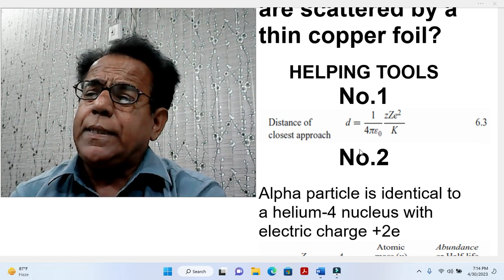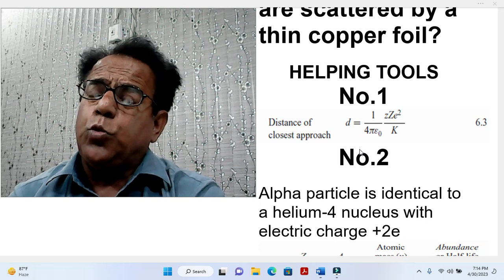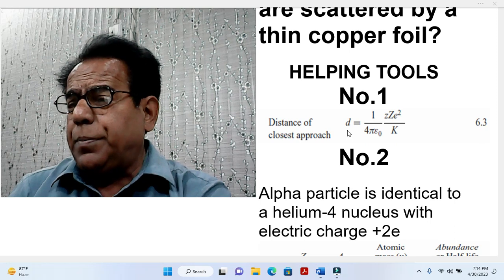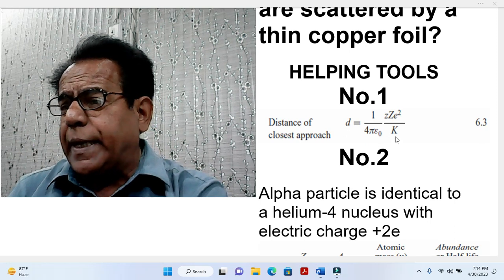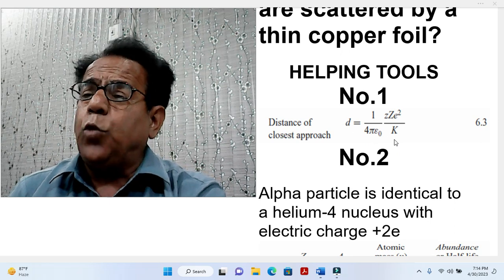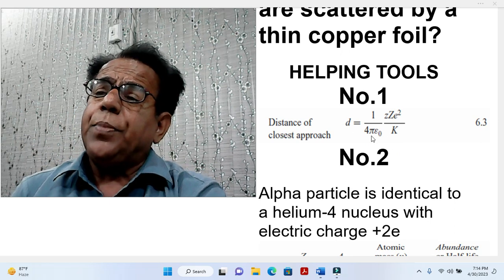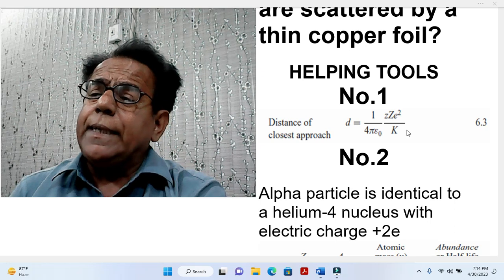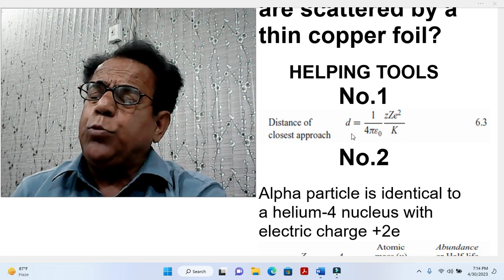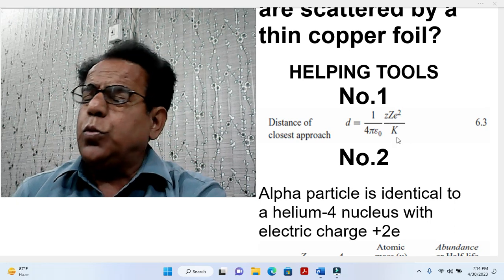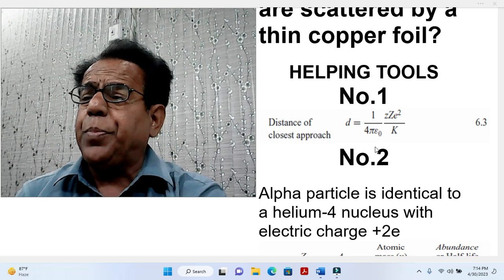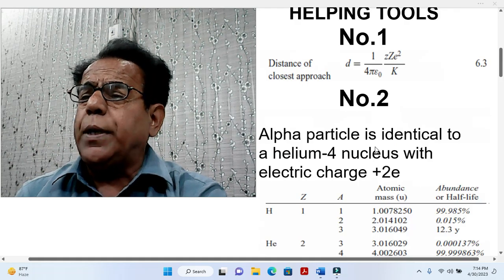One difference between the previous problem and this one is that previously we had to shift K in place of d and d in place of K. But here kinetic energy is given, 6.0 million electron volt, so we do not need to disturb this formula. Now we come towards tool number 2.